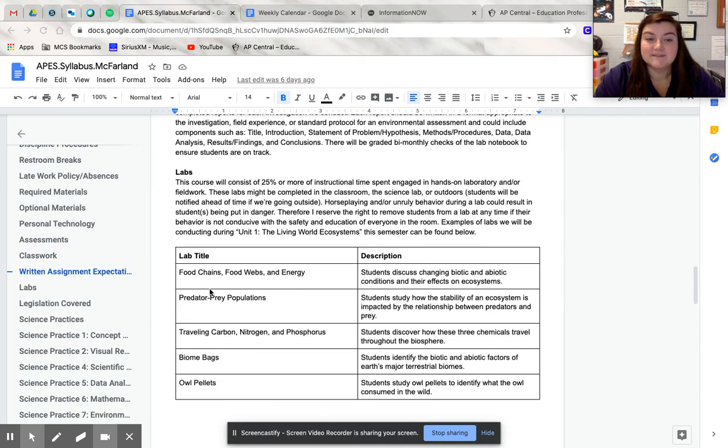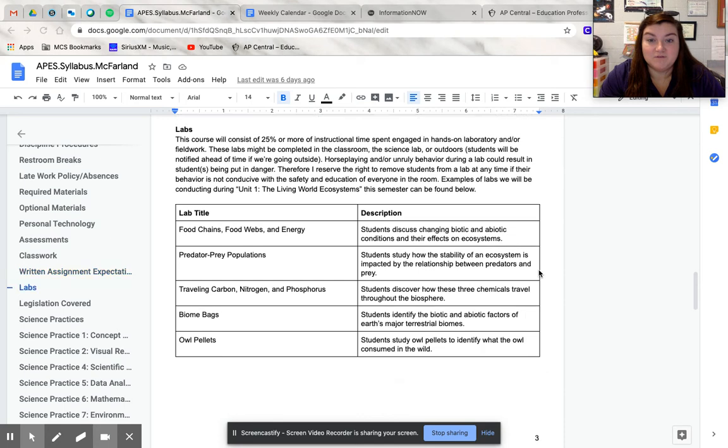All of these labs that I've listed in this table are the ones that are supposed to be done during the first unit. So unfortunately, these are ones that I'm not sure we're going to get to complete. I might do some of these in the lab here at the high school and then video them to show to you guys to prove a couple points about some of our main learning targets for the first unit, but we will see.